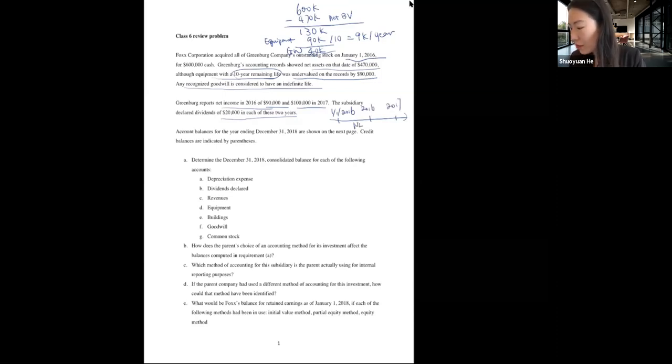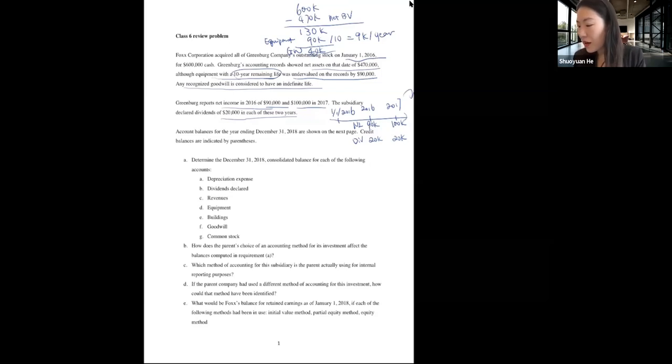The net income for 2016 is 90,000, for 2017 is 100,000. Dividend for 2016 is 20,000, for 2017 is 20,000 again. Account balances are for the year ending December 31st, 2018, so that is 1 year later, as shown on the next page.